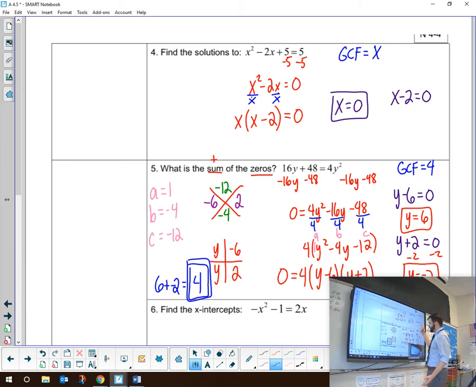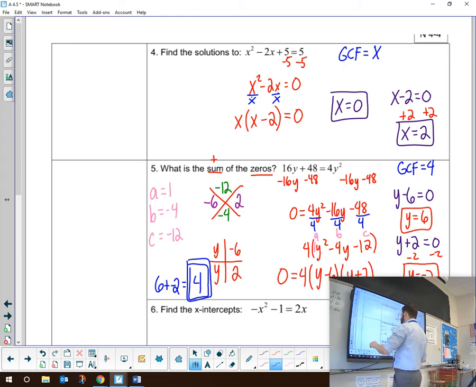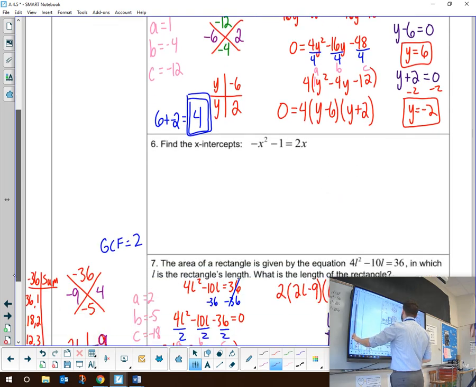And over here, I can still continue solving this. I'm just going to add 2 to both sides, and I'm going to get x equals 2. So there's our two answers. X could equal 0 or x could equal 2. So we take our factors, whatever factors have an x in it, including the GCF, and set it equal to 0.